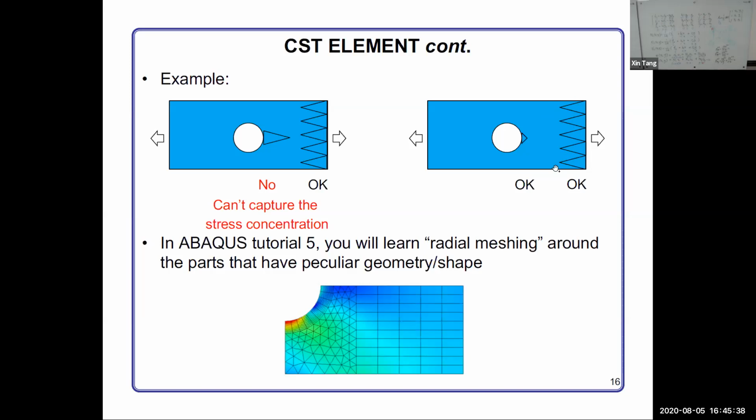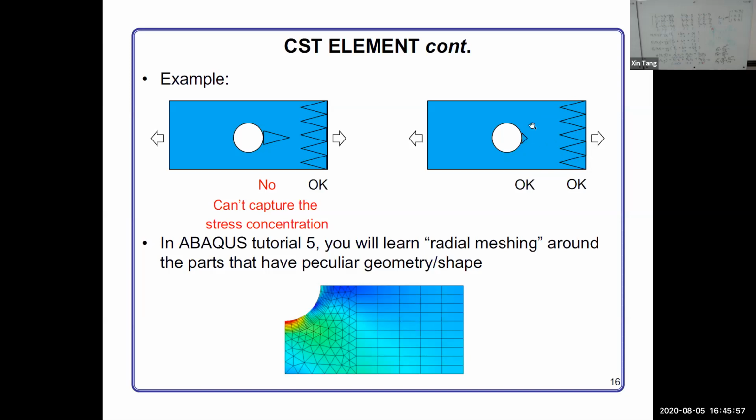Stress will be uniformly distributed, like stretching a uniform bar. All the stress in the bar will be constant, right? But if you have a hole there, a defect there, around that defect the stress will concentrate, and they have different values.